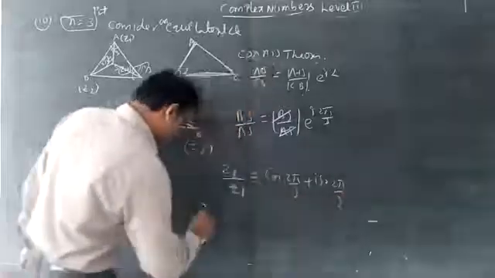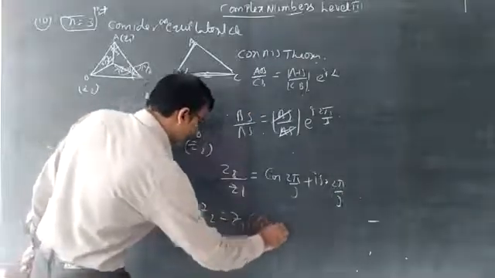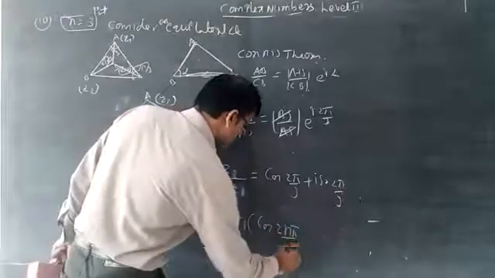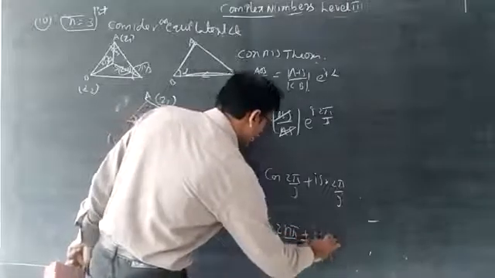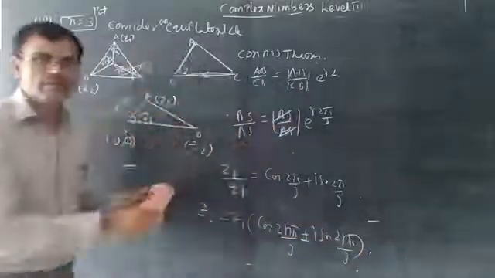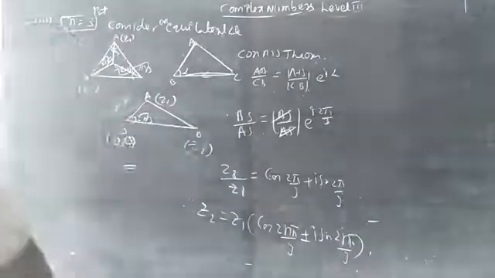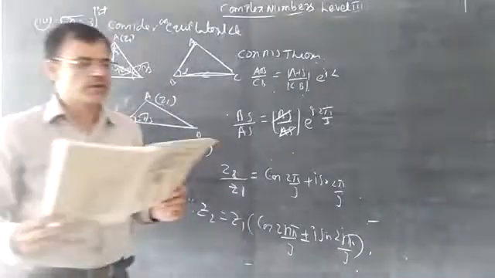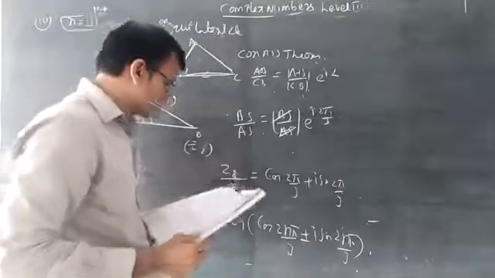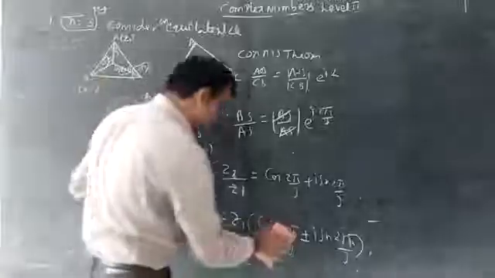Therefore Z2 is equal to Z1 into, according to our option, cos 2 pi by 3 plus or minus i sin 2 pi by 3. That is why I said maybe you can take rotation on the negative side or positive side. So cos 2 pi by n, because 2 pi by 3 is enough, leave it.